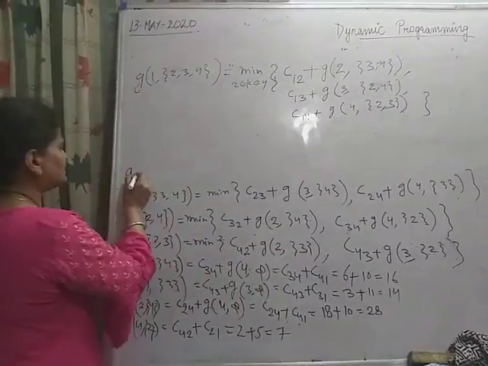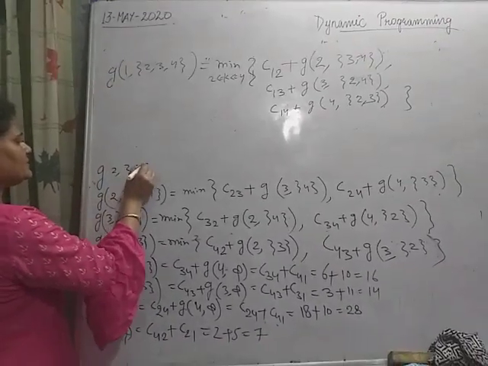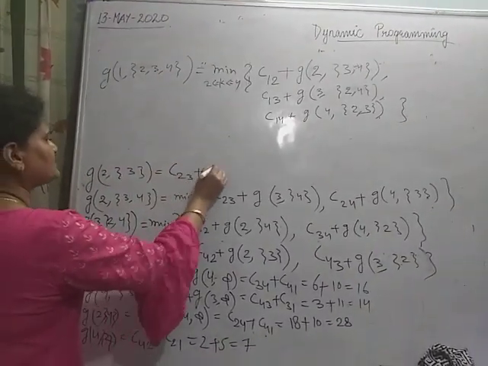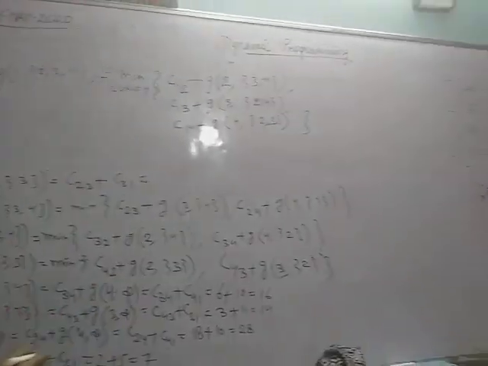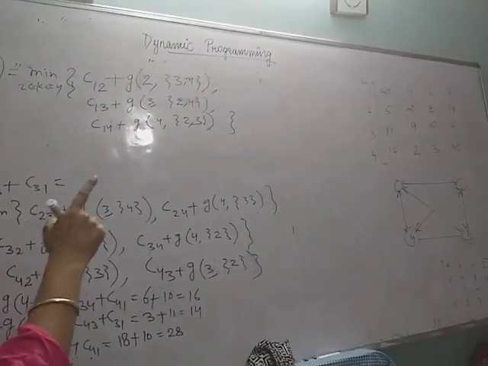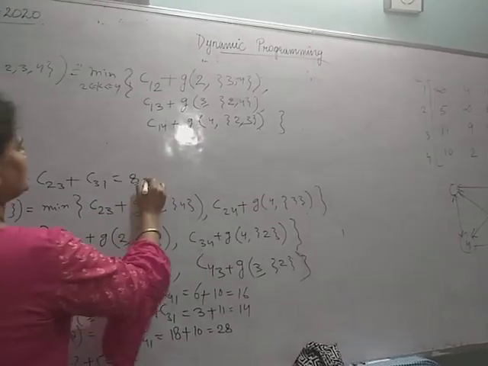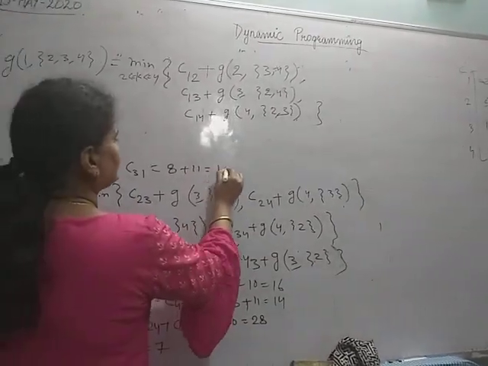Now 2 3. G23 is what? C23 plus C31. C23 is 8 and 3 1 is 11. 11 plus 8 is 19. Okay.